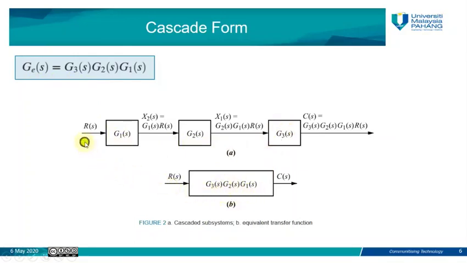And we have the input, which is the input at the point G1, which is R(s), and the output is the value of C(s). So this system, which consists of three transfer functions, is simplified into this single block, which consists of one transfer function only, which is G3 G2 G1. So this is for the cascade form.